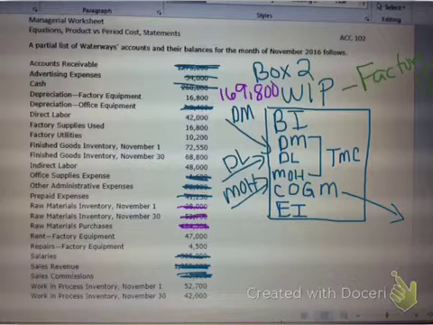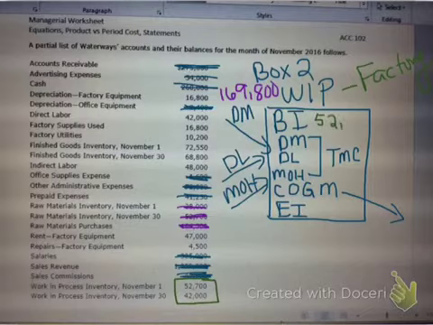The things that we're going to be looking at here are the direct materials. We're also going to be looking at these work in process numbers here. We have our November 1st beginning, which is 52,700. The other thing we know is our ending inventory on November 30th is going to be 42,000.